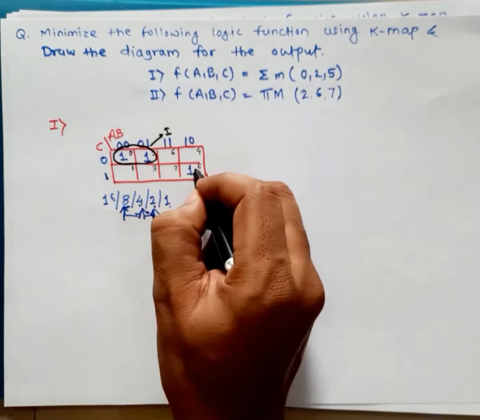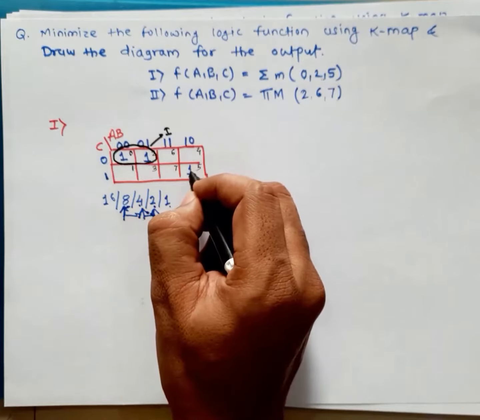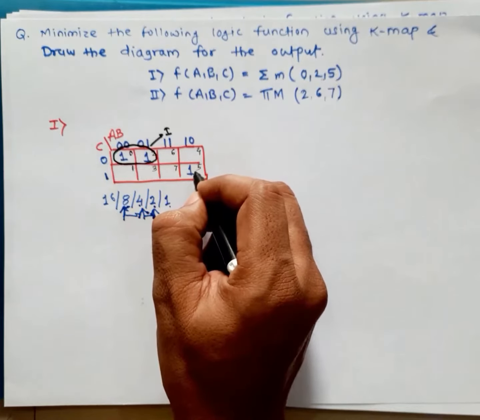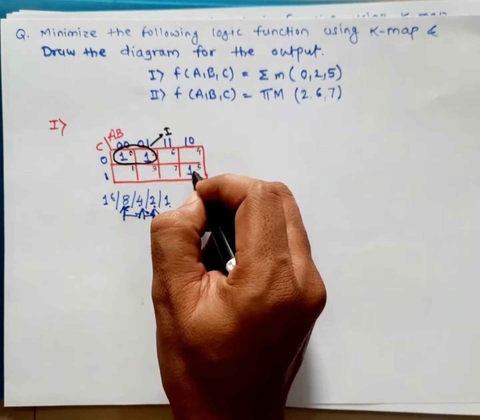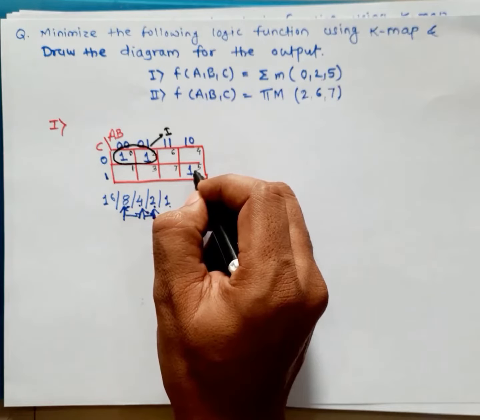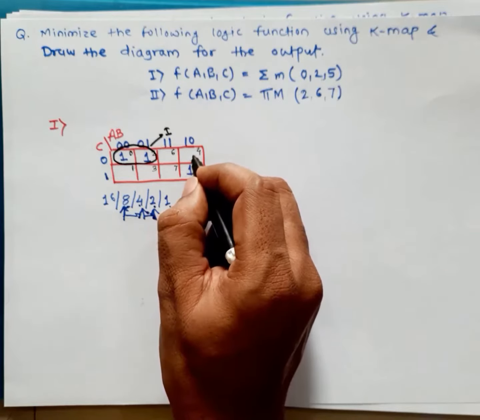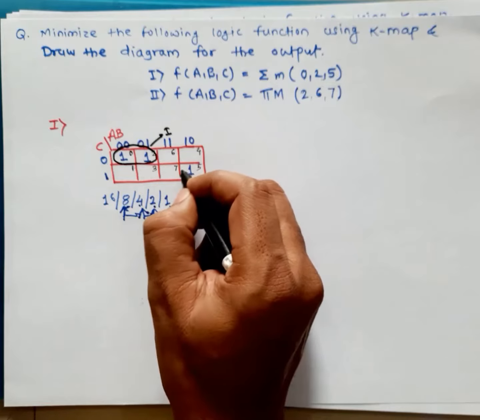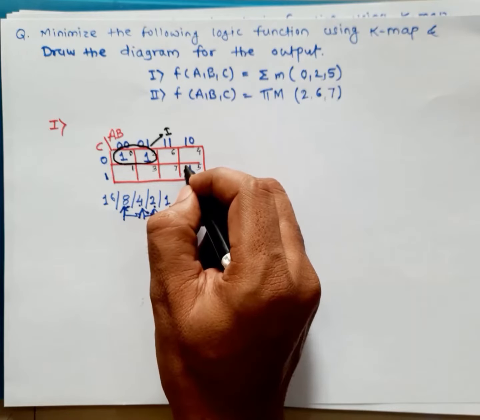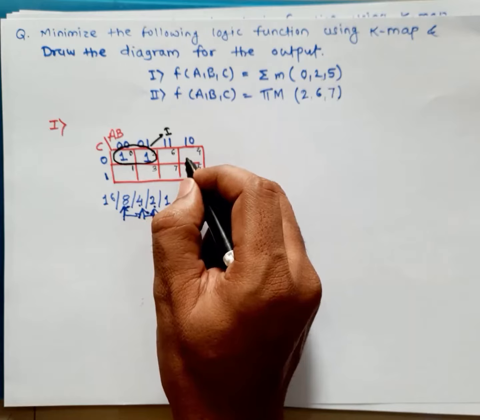Now second, observe the high cells, the cells which contain the high values, and try to make a group of high cells. But here in this case, 5 is a cell where 4 and 7 are adjacent cells, and they don't have the high values.